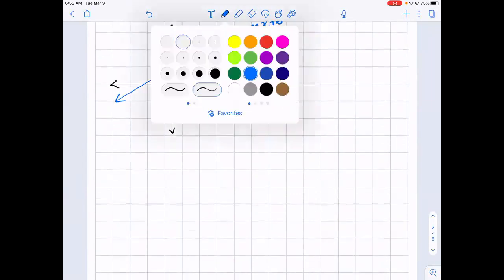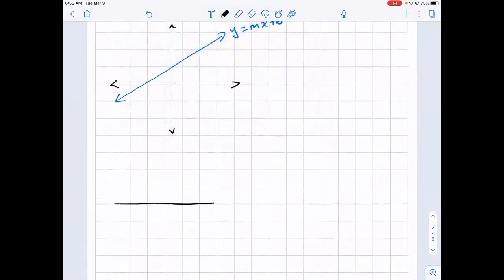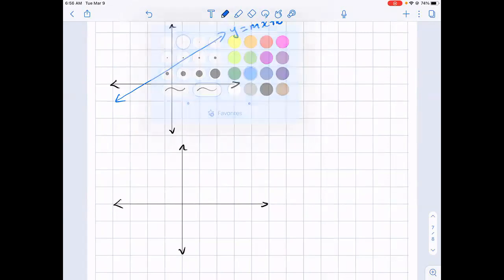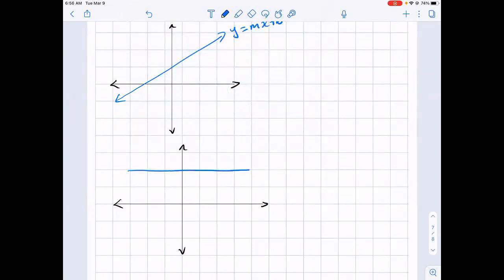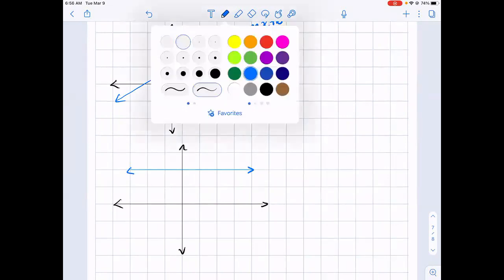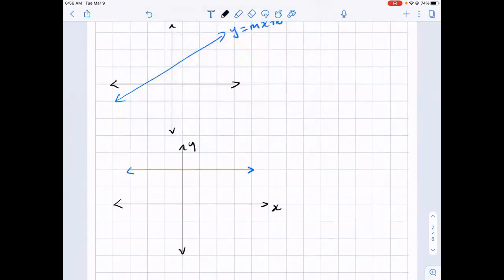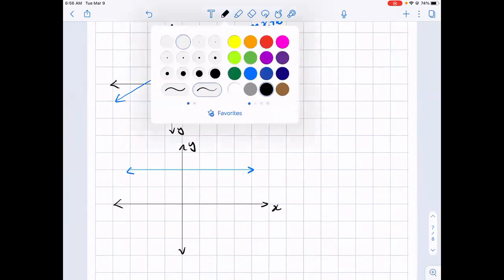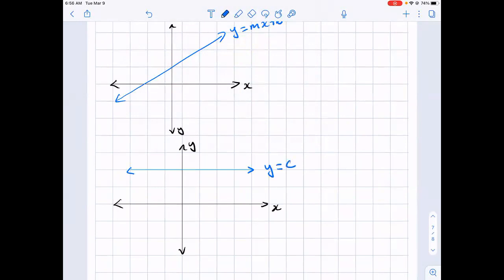The second scenario would be a horizontal line, and here we have y equals c, where this point here is c.